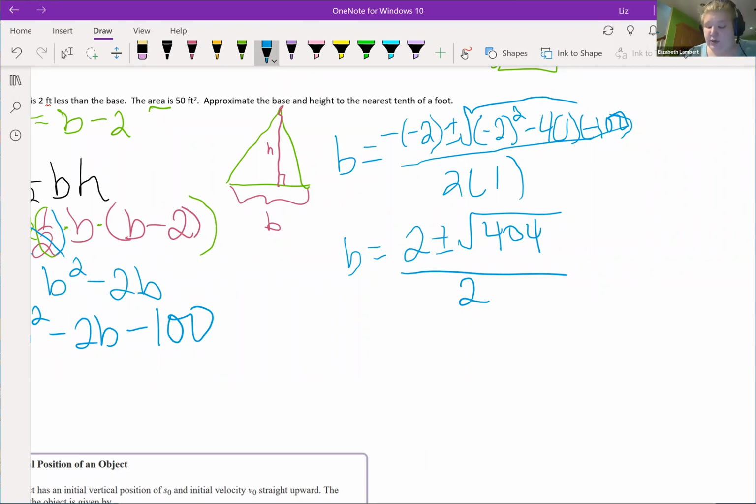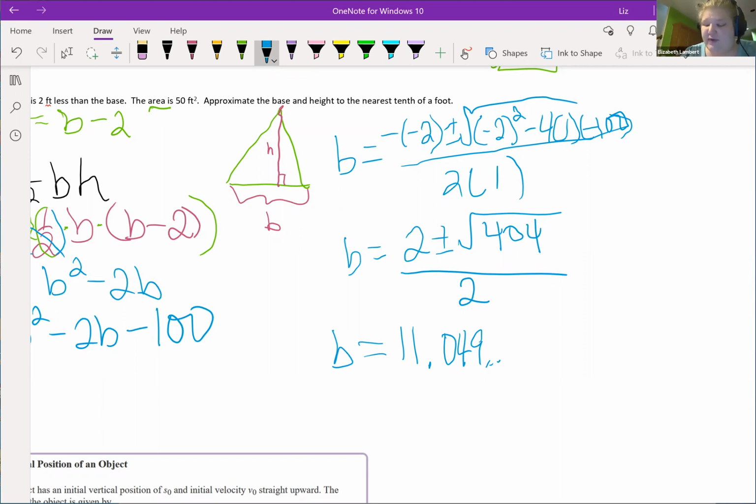So we need to figure out what 2 plus the square root of 404, oh look, that's a positive number, equals 22.099 divided by 2 is 11.0498, blah, blah, blah. So that is the plus answer. Now let's do the minus answer. 2 minus the square root of 404.